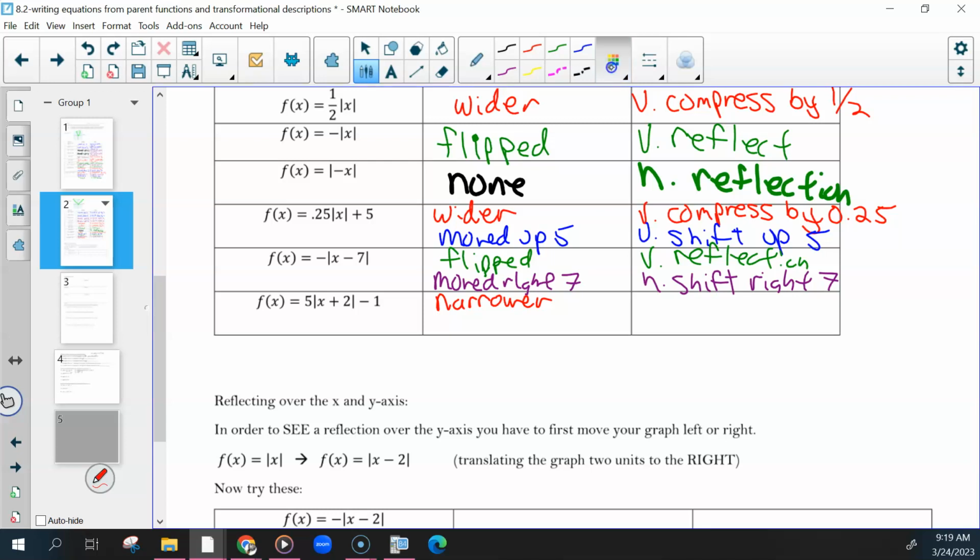It did move to the left too. And then our last one, down 1. So then what would those rules be?